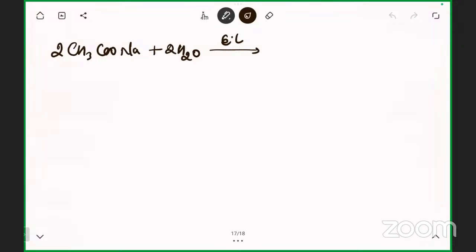Yes, what is the product? See, two CH3 will combine with each other, CH3 single bond CH3. Along with that, Na will take one OH, so two molecules of NaOH will be given out. Then I told you hydrogen gas, then CO2, carbon dioxide. Yes, that's it. Just remember this thing.